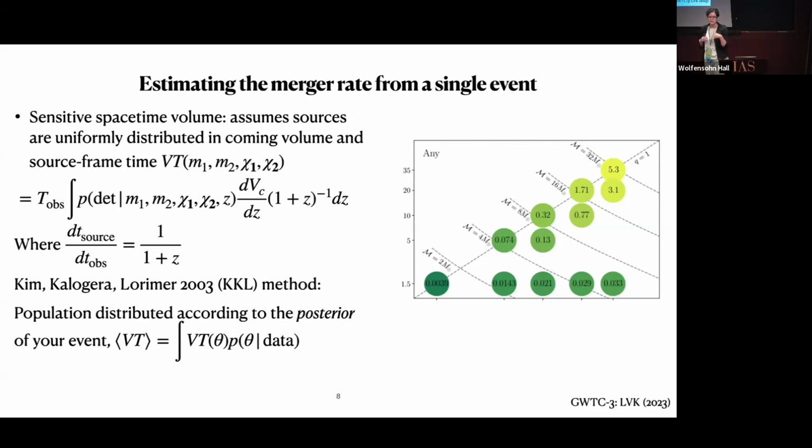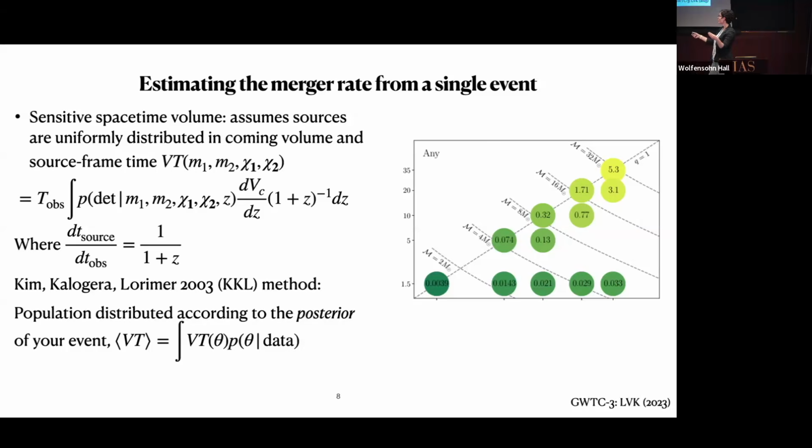For this calculation, you're imagining that sources of some masses and spins are randomly distributed uniformly in co-moving volume and source frame time. And so this sensitive volume is given by how likely you would be to detect something with those masses and spins at a given redshift.